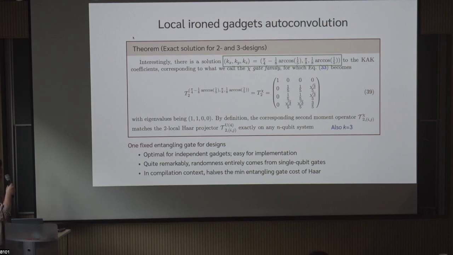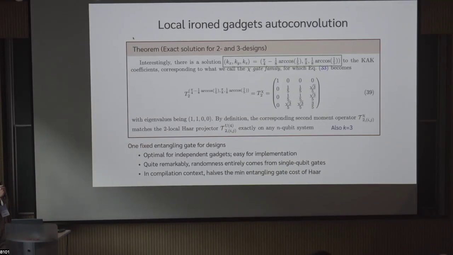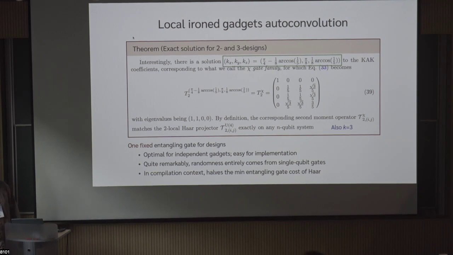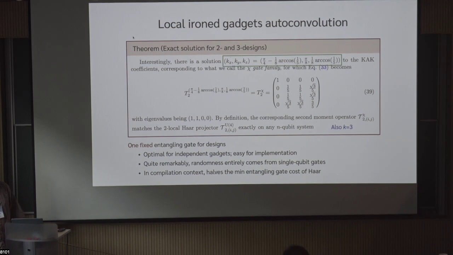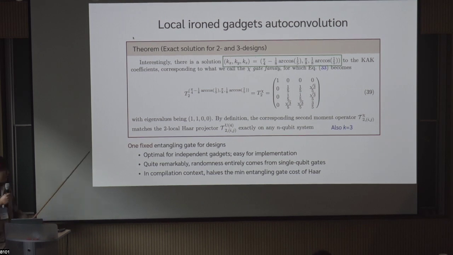So this halves the minimum entangling gate cost of Haar measure if we only need 2 or 3 designs. If we want to prepare Haar measure, we need at least 2, but if we only want 2 and 3 designs, we only need one gate.